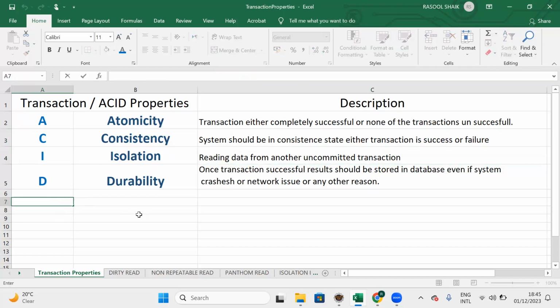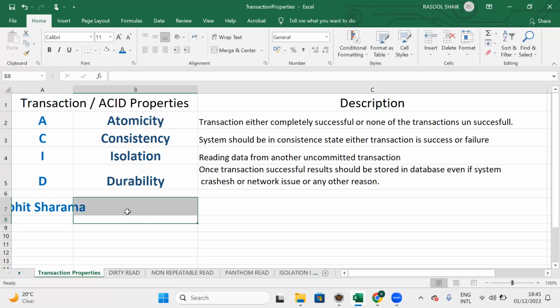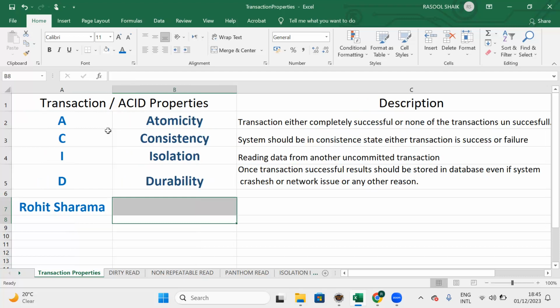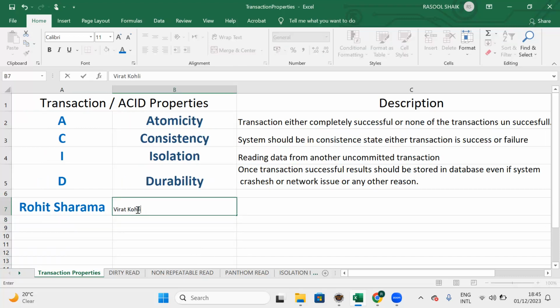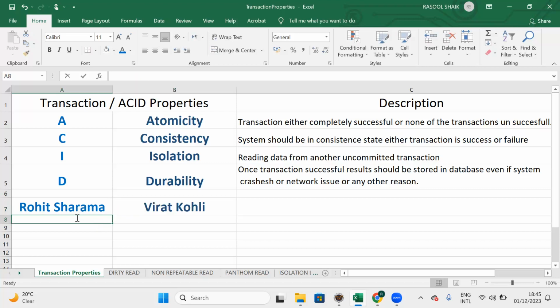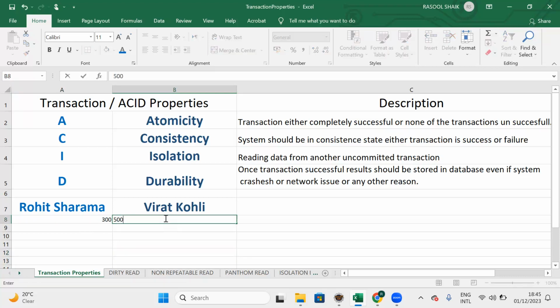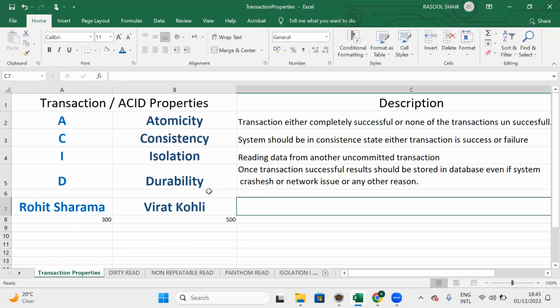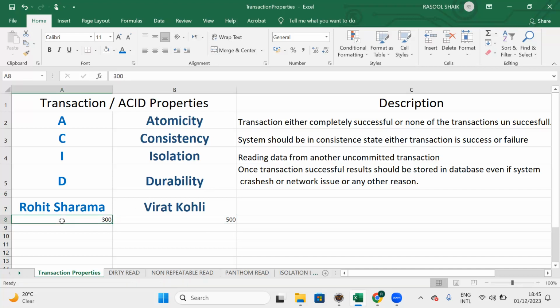Let me give one more example. Similarly, let's say Rohit Sharma and Virat Kohli. Rohit Sharma has 300 rupees in his bank account and Virat Kohli has 500 rupees in his bank account.